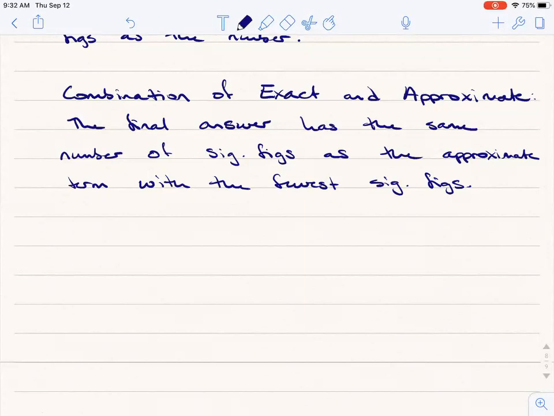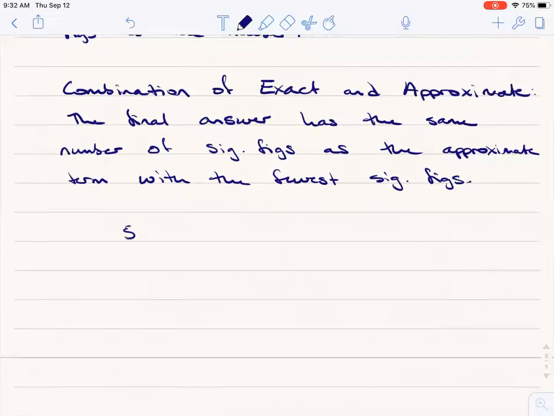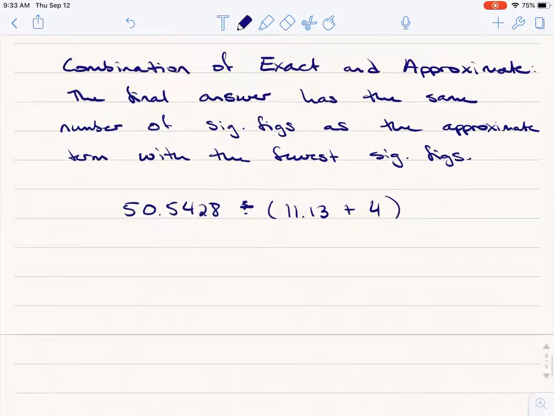So if you had something like 50.5428 divided by, let's say, 11.13 plus, or let's just say 4, no decimal place, then we get 50.5428 divided by 15.13, right?